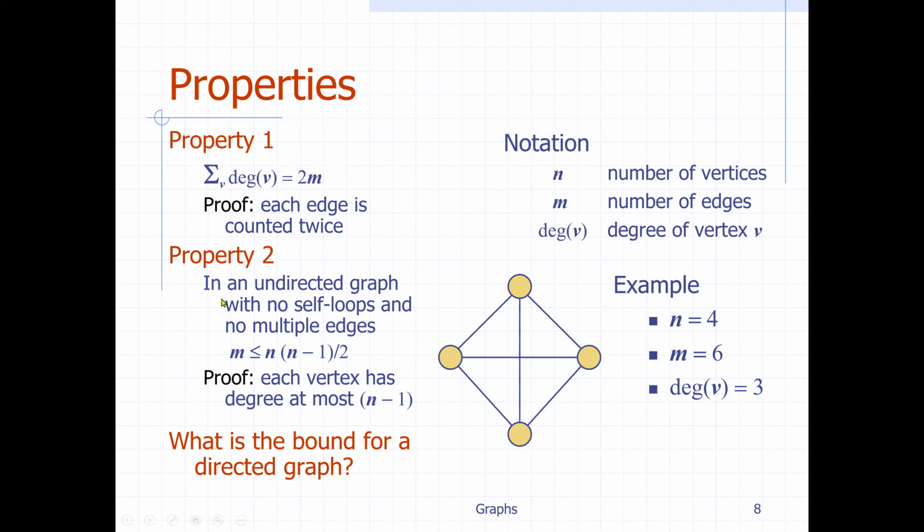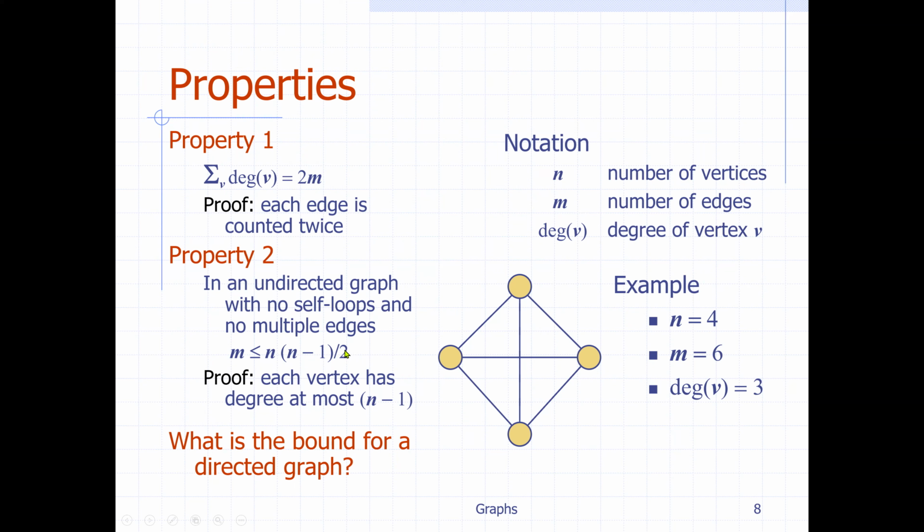Now, the second property says that in an undirected graph with no self-loops and also no multiple edges, or parallel edges, in this case, then M, which is again the number of edges, is always less than or equal to N times N minus 1 over 2.